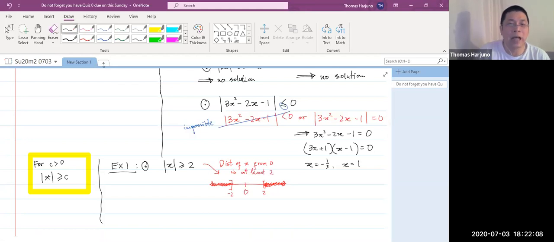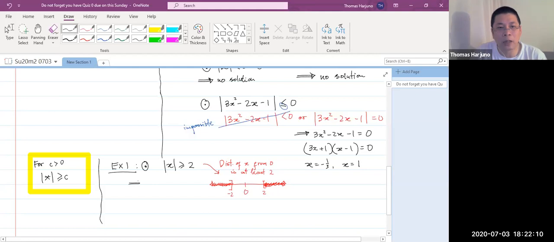Now, from that diagram, you will see that x is greater than or equal to 2, or x is less than or equal to negative 2. Every time you see absolute value of something greater than or equal to a positive number, the first line you write will be this line.